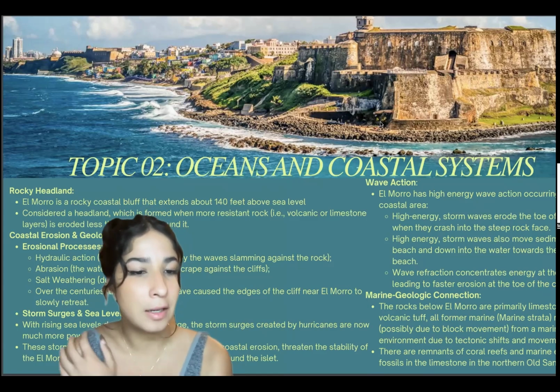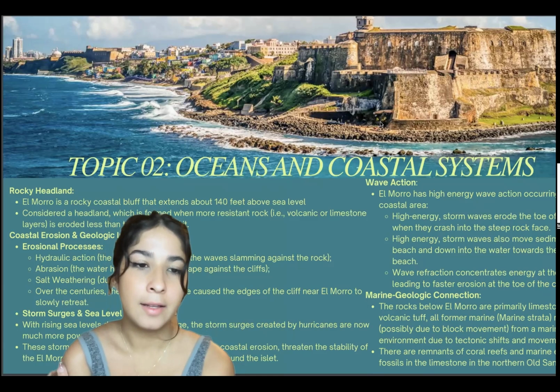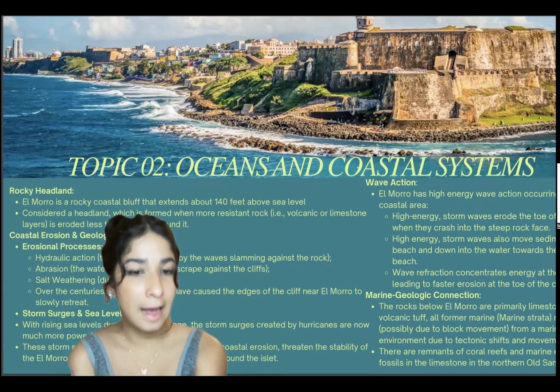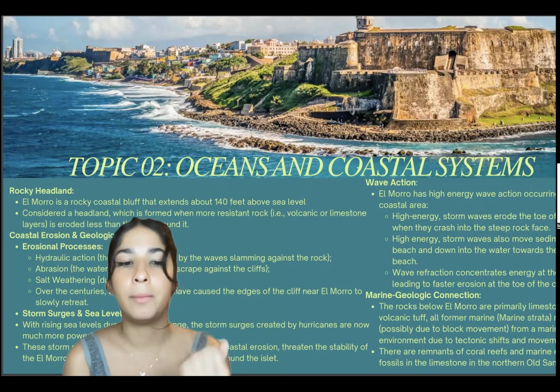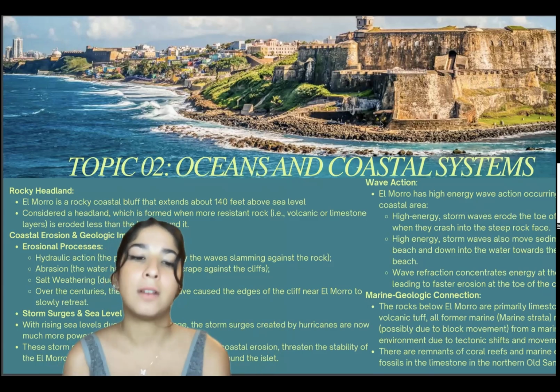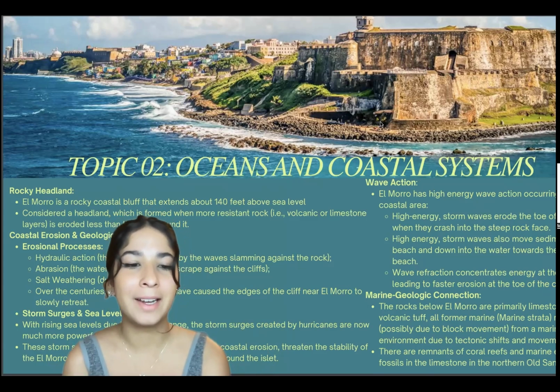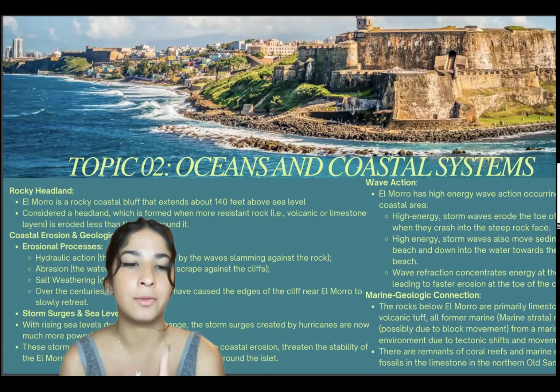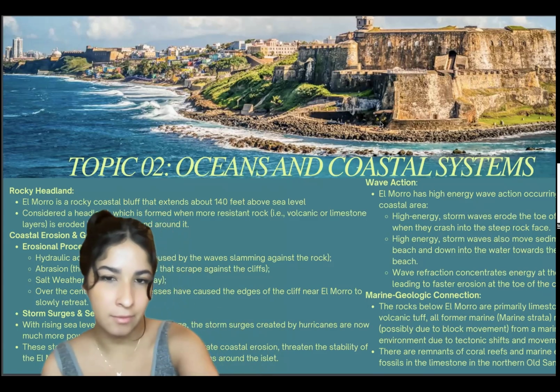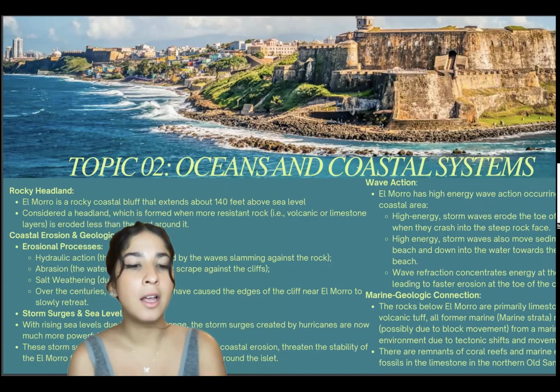For the erosional processes, there's hydraulic action, which is the pressure caused by the waves slamming against a rock, and abrasion, where the water has particles that scrape against cliffs. It is salt water, so there's salt weathering due to the sea spray, and over the centuries, these processes have caused the edges of the cliff near Morro to slowly retreat. You can kind of see the rocks and the separation right there.